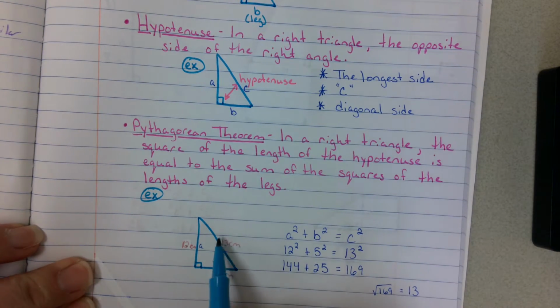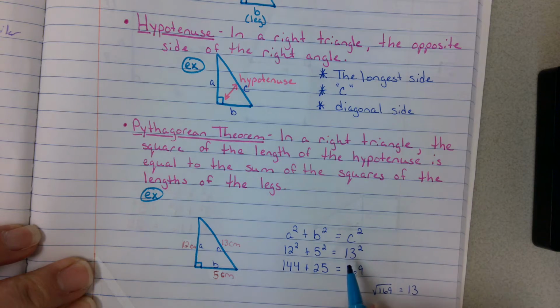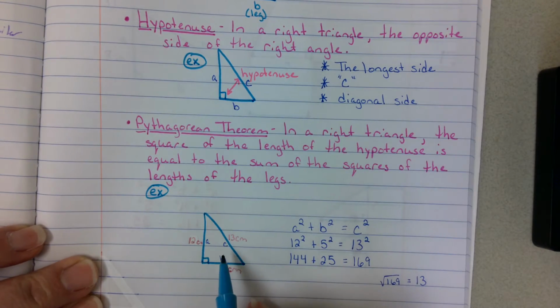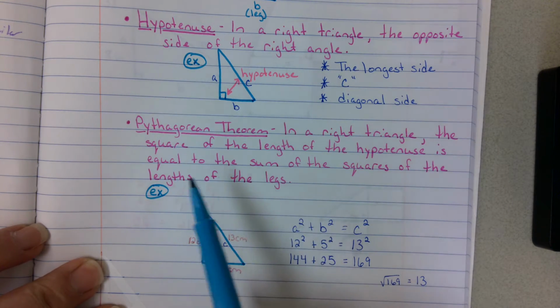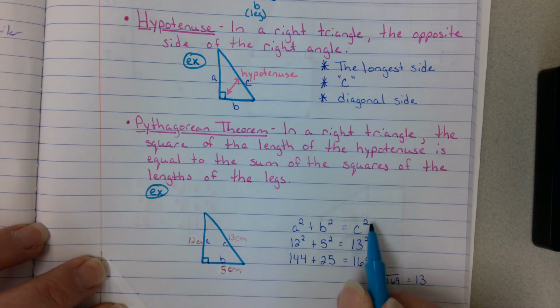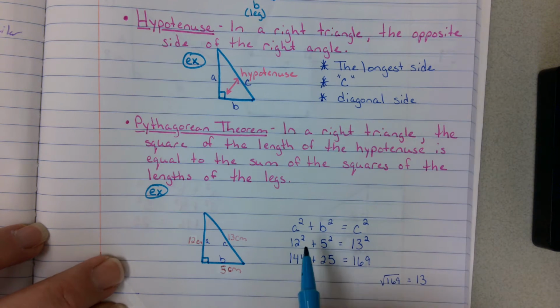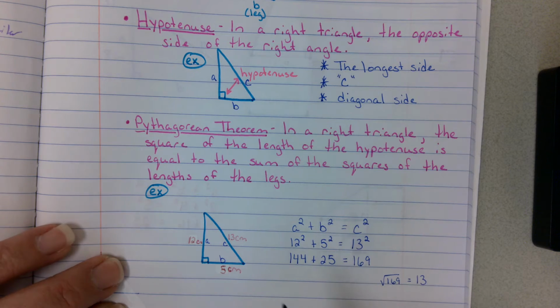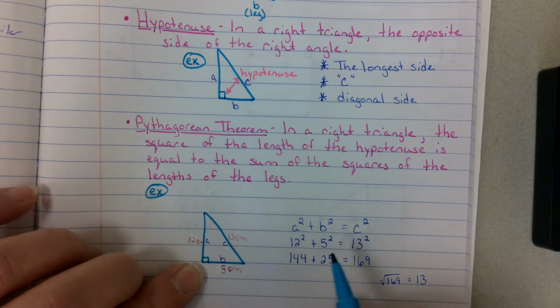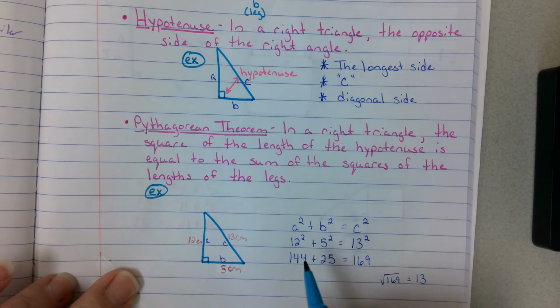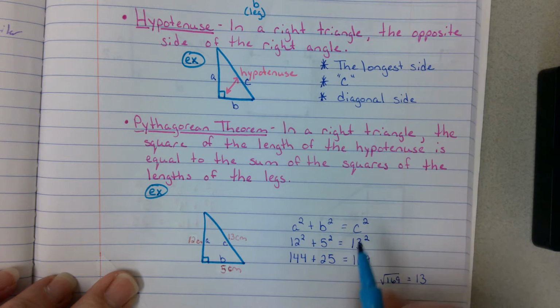The square of the hypotenuse, so that's my c squared, that's 13 squared in this triangle, is equal to the sum of the squares of the lengths of the legs. So I have 12 squared for one leg and 5 squared for the other leg. 12 squared, so 12 times 12 is 144, and 5 squared is 25. 13 squared is 169.